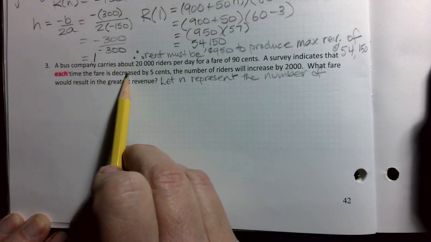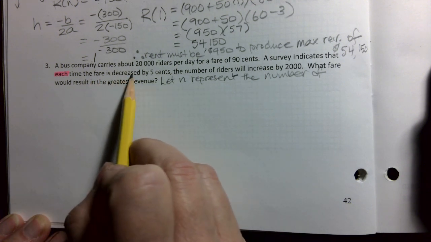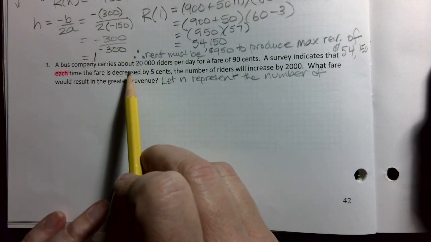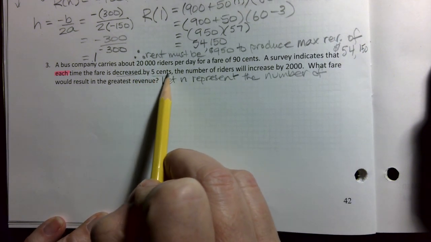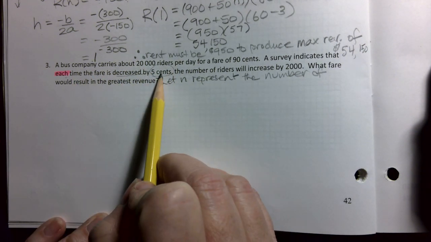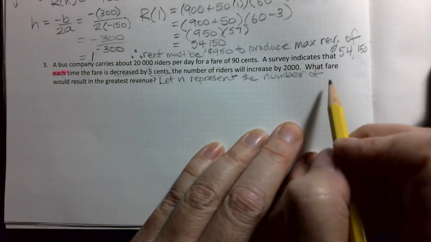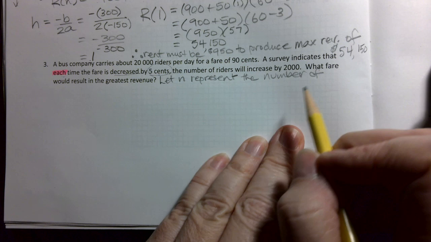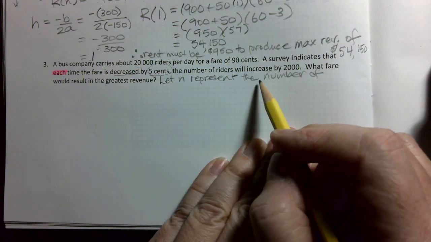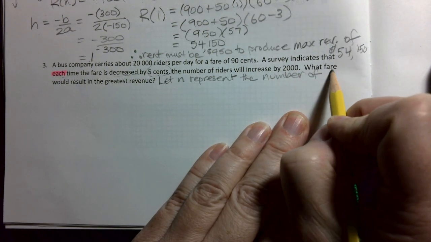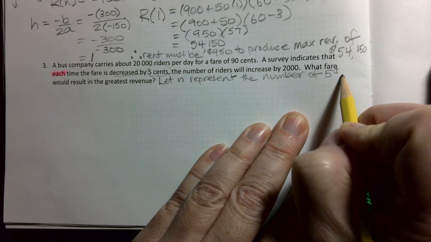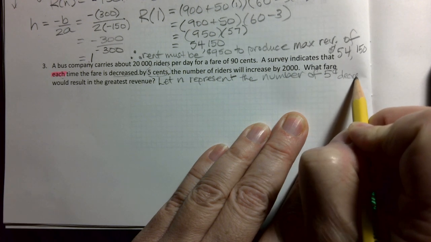Each time the fare is decreased, we'll worry about what the word decrease means in the equation, but this is what we're interested in. For each 5 cent that it's decreased, something happens to the ridership. So let n represent the number of 5 cent decreases.